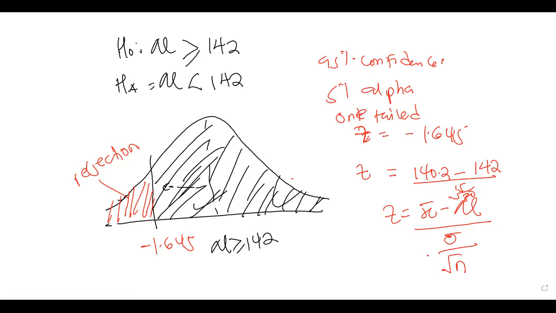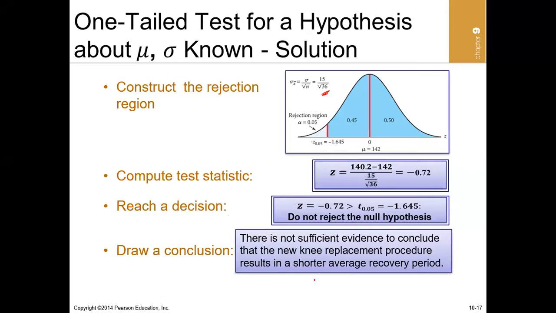Sorry, the sample size was 36. So if you compute this Z value, 140.2 minus 142 over 15 over root 36, you are going to get negative 0.72.